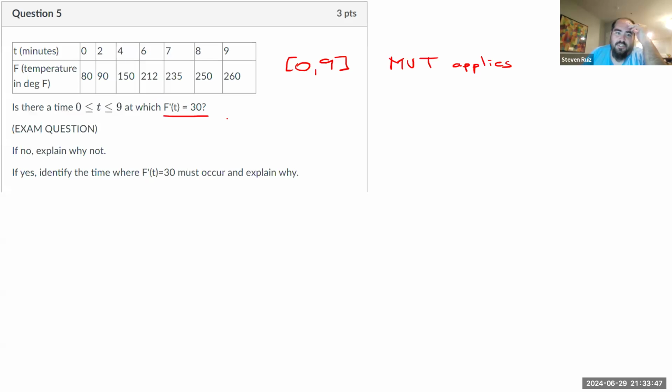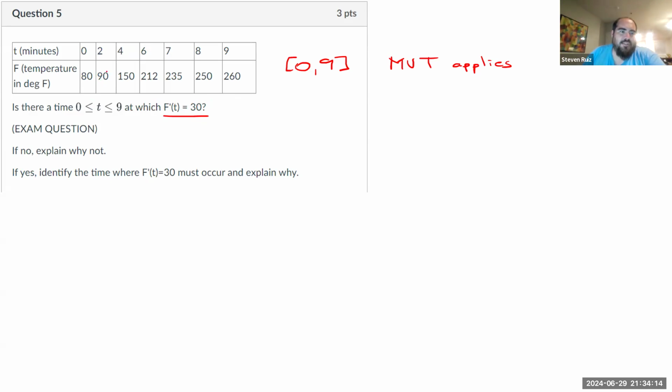So if we can show somewhere that the average rate of change is equal to 30 degrees per minute, then that means over that interval, you definitely have a point where the derivative, where the instantaneous rate of change, is 30. So let's find the average rates of change here.